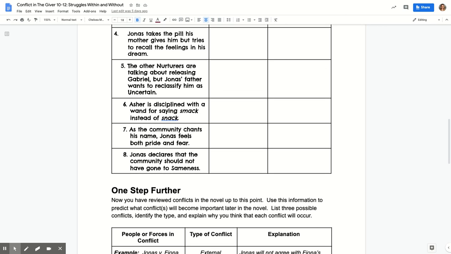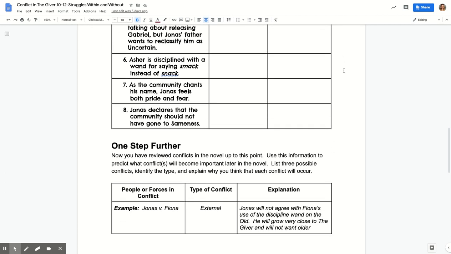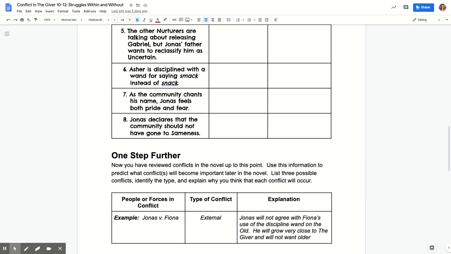Number 4: Jonas takes the pill his mother gives him, but tries to recall the feelings in his dream. So people or forces in conflict, what type of conflict? Number 5: the other nurturers are talking about releasing Gabriel, but Jonas's father wants to reclassify him as uncertain.